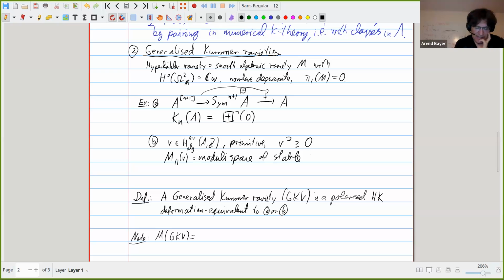Right, so H here is the polarization. By stable, I mean really Gieseker stable with respect to that polarization, of, let's say, Chern character v. So in other words, I fix the numerical invariants via v.